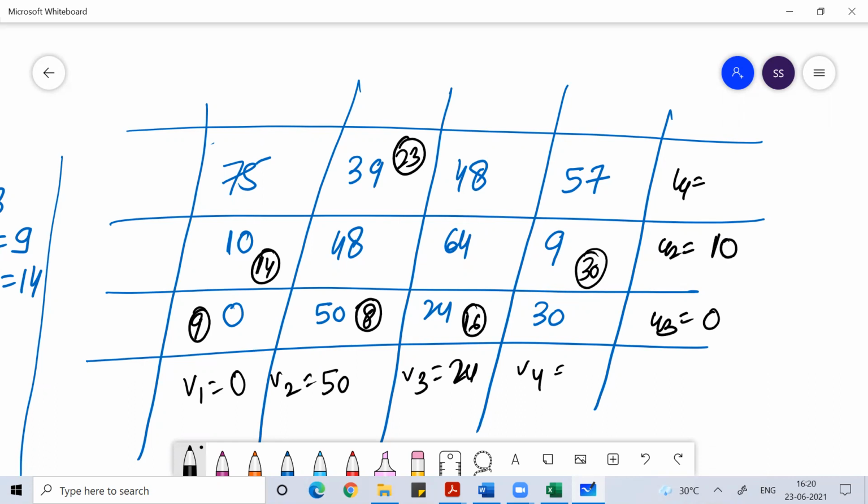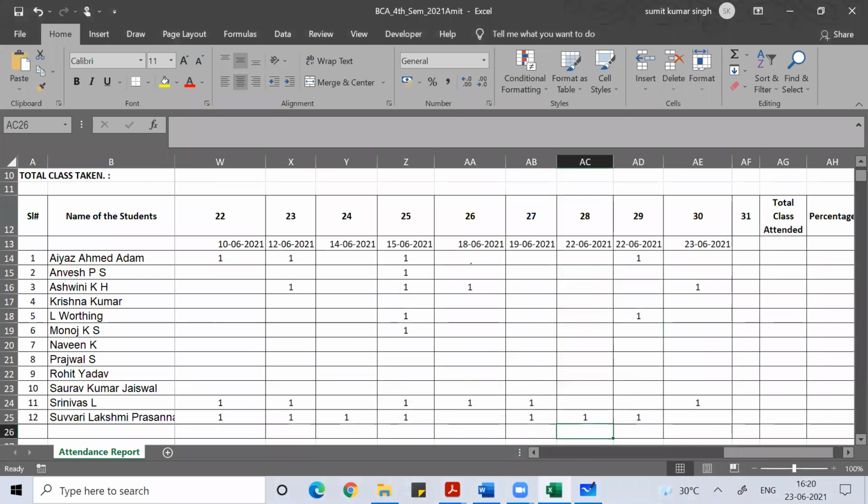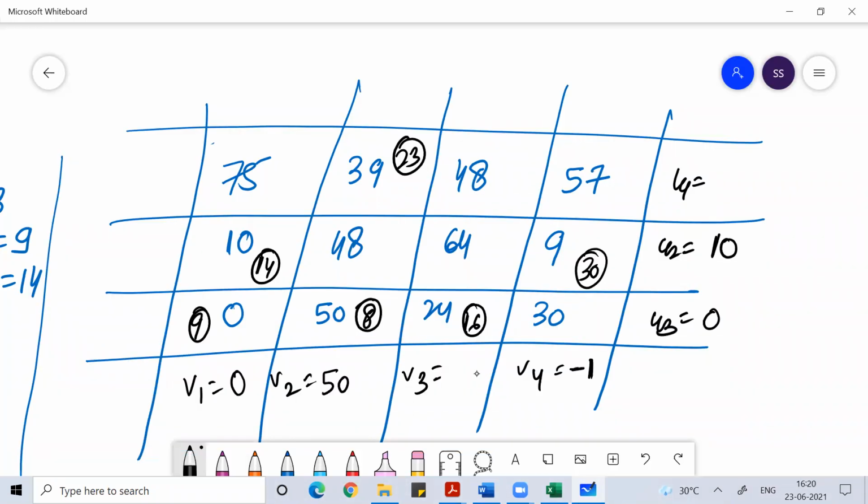Cij is equal to Ui plus Vj, so 9 is equal to 10 plus x. This becomes minus 1. This is 24, so this is 39 minus 50, minus 11.